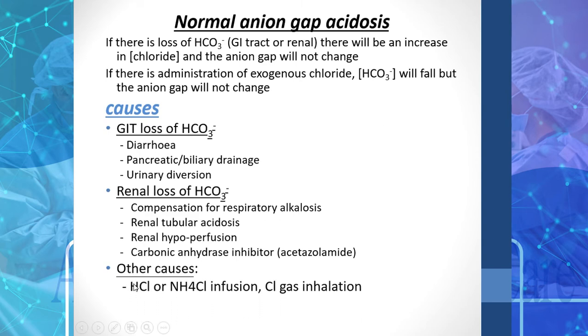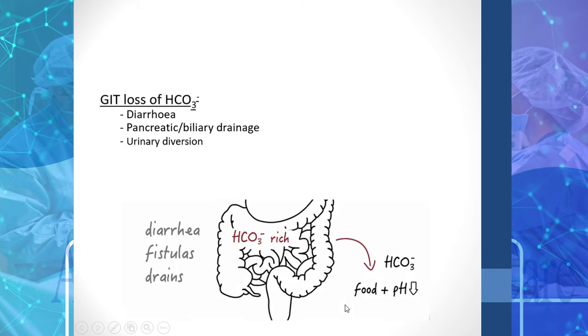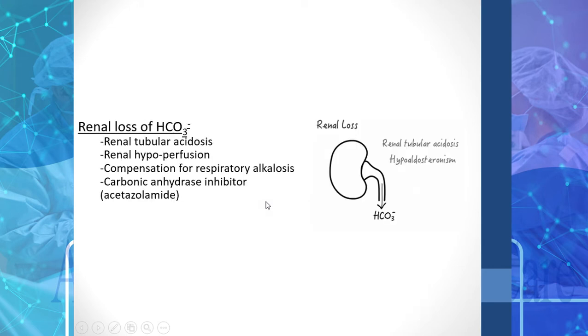Other causes are HCl or ammonium chloride infusion or chlorine gas inhalation, the gas which was used in wars. GIT loss of bicarb, again representation, diarrhea, fistula or drains. Okay, and renal loss of bicarb as in renal tubular acidosis or hypoaldosteronism.